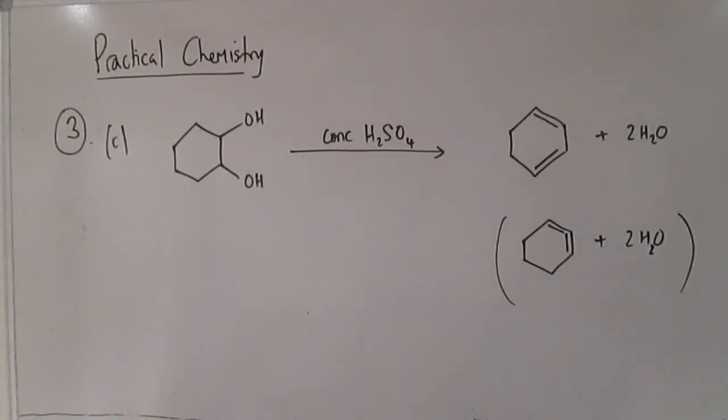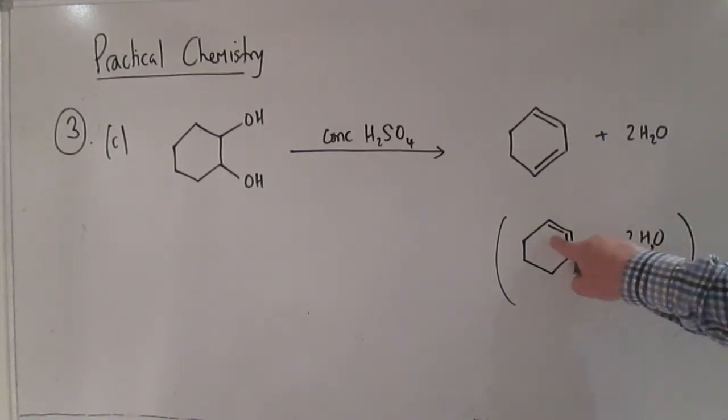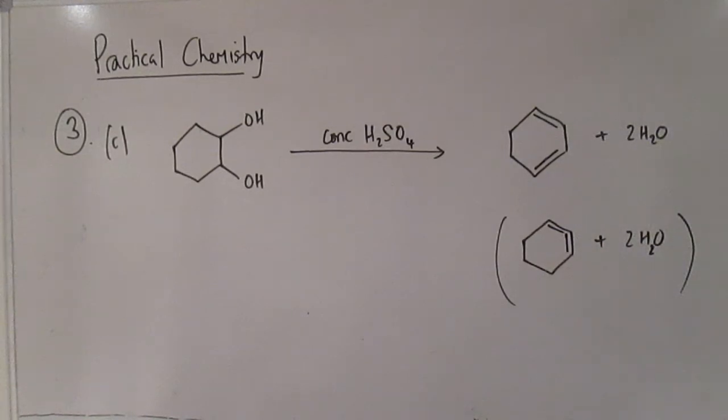Now the trouble with that is that that compound's going to be very unfavourable. So you're not going to get that, you're going to get this. So I didn't allow that, or I think I gave you 1 mark if you got the equation right, but not both marks. Arguably that was a bit mean, but you can see why you're not going to get that if you think about what you know about shapes of molecules.